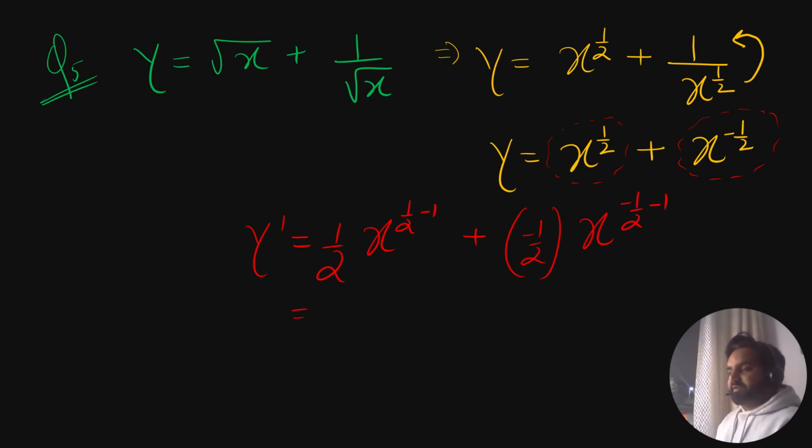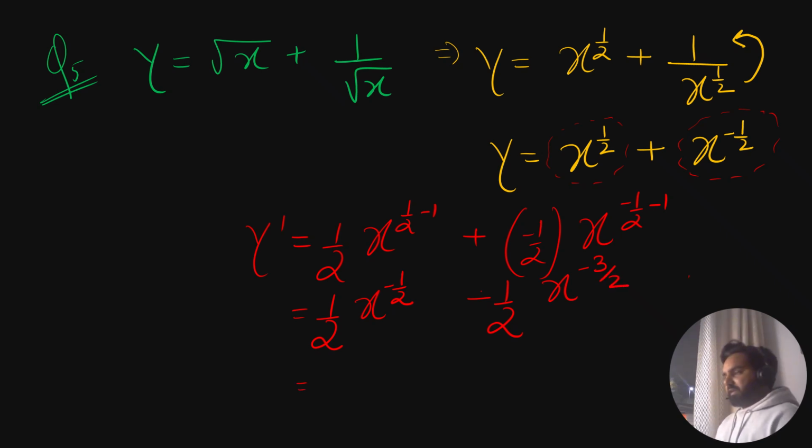So this will become half x to the power minus half, and this will become minus half x to the power minus 3 over 2.